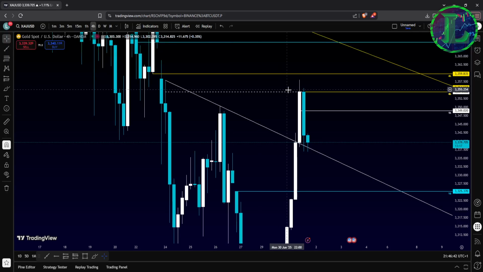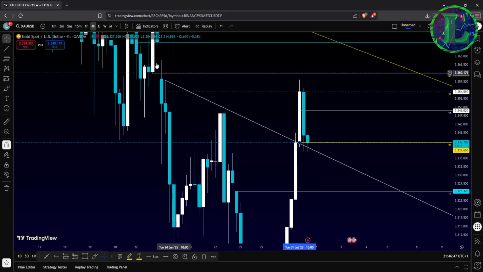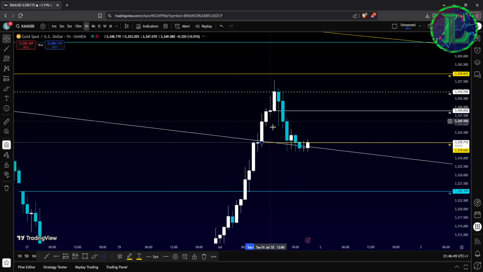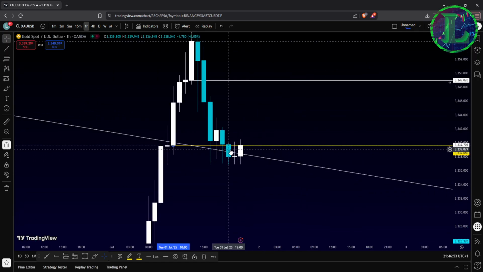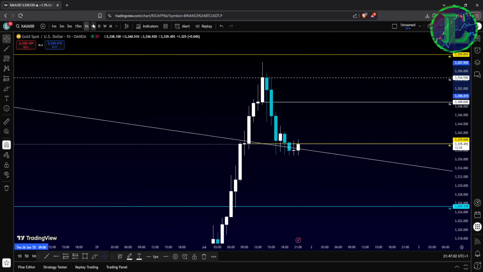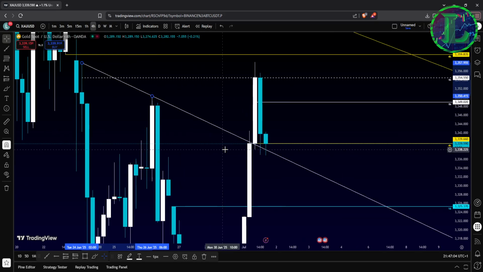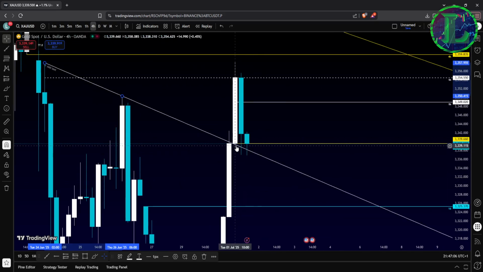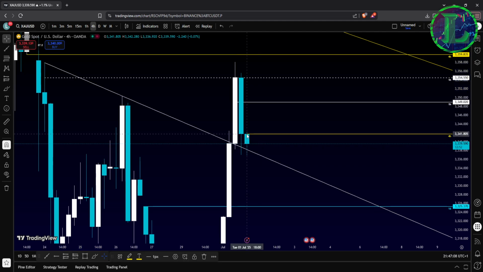So I have the 4 hour there. If we go below this 4 and we start closing some 1 hour candles below. Yeah, we did not open and close this one. We need to open and close a blue candle below. So that is probably going to start laddering down. If we don't, we can easily hold that and maybe even create a 4 hour support here.